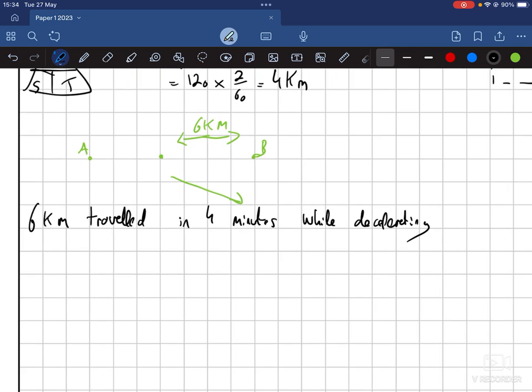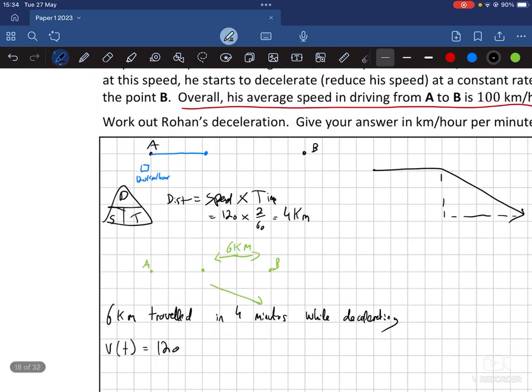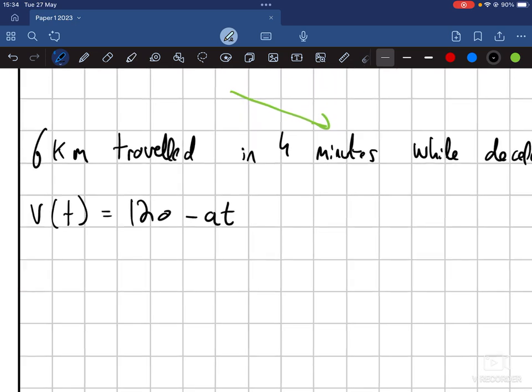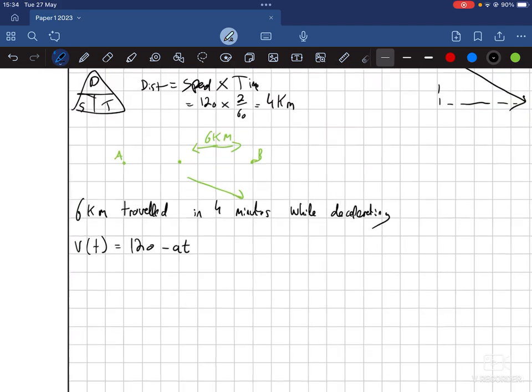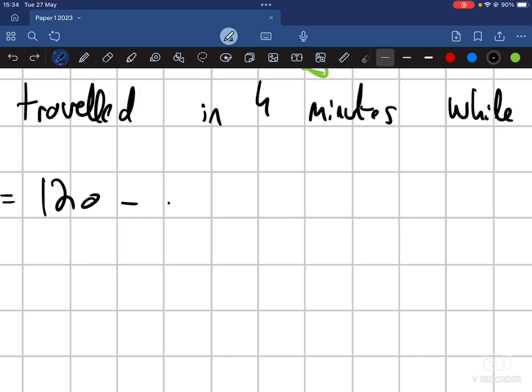His velocity is going to be given by 120, because that's what he was traveling, minus AT. Does that sound right? Yeah, I think that's going to be right.